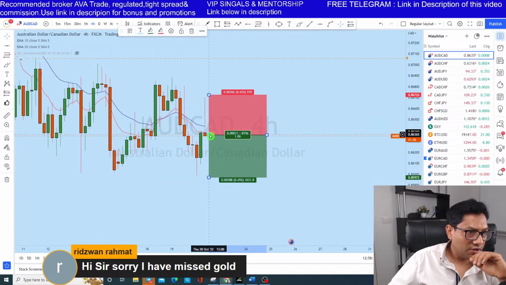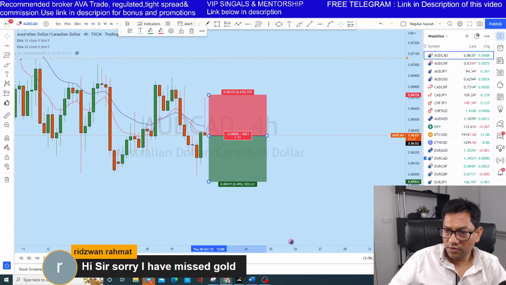The reason is it's a nice looking pin bar, so I'll be selling with one-on-one. Okay, I'll explain why I have opened this trade.